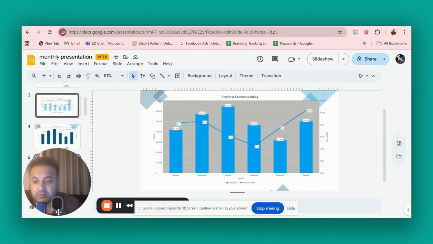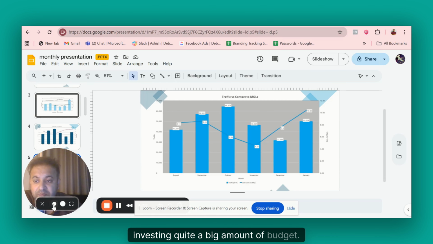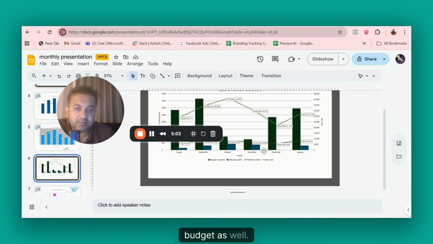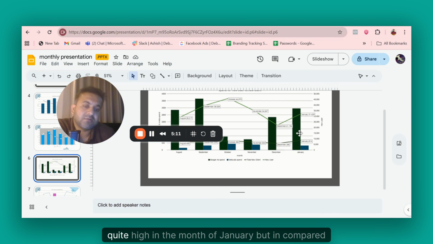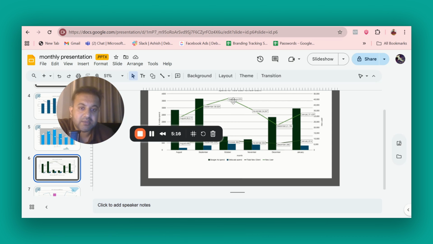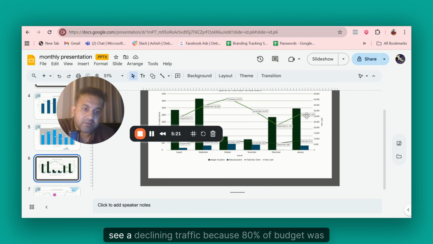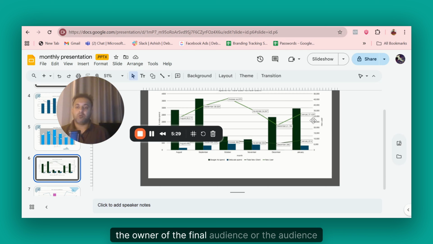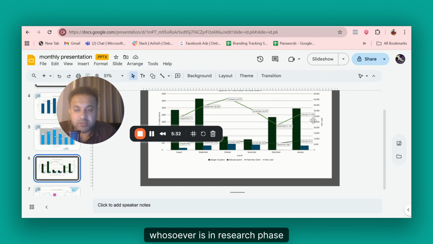You can see we were investing quite a big budget. If you look at my screen, the Google Ad Spend and the Meta Ad Spend budget was quite high in January compared to October and November, but the amount of traffic declined because 80% of the budget went toward chasing only top-of-the-funnel audience in the research phase.